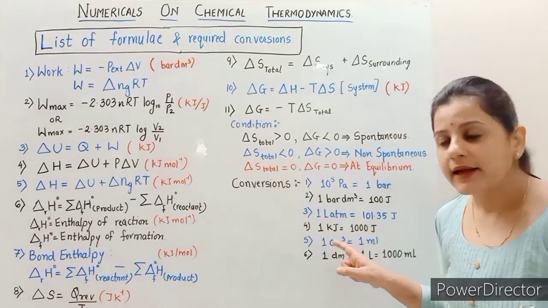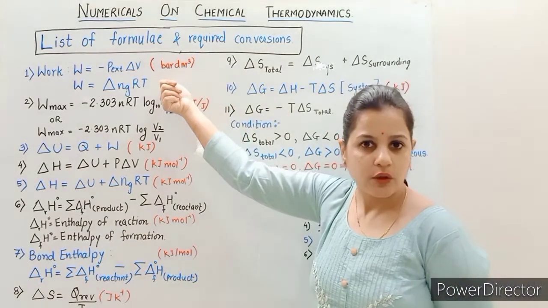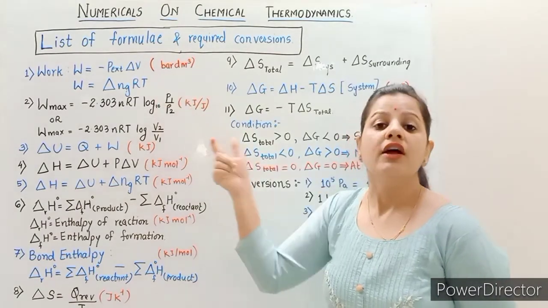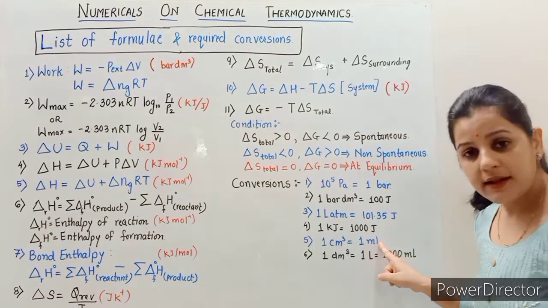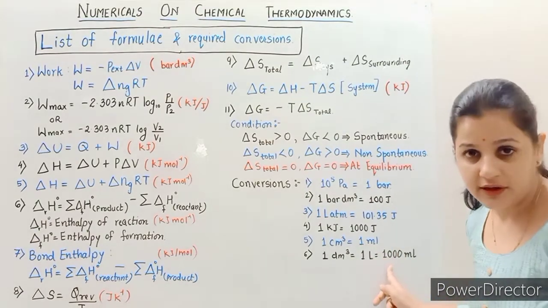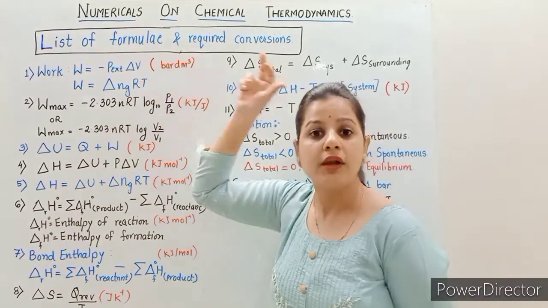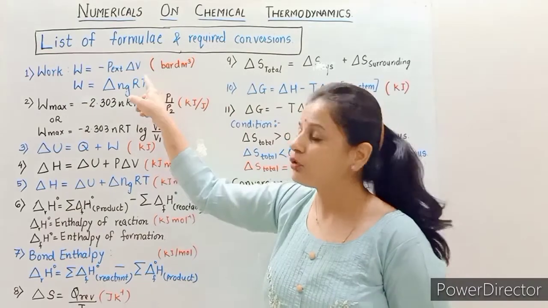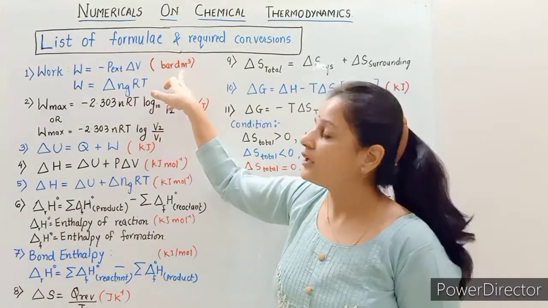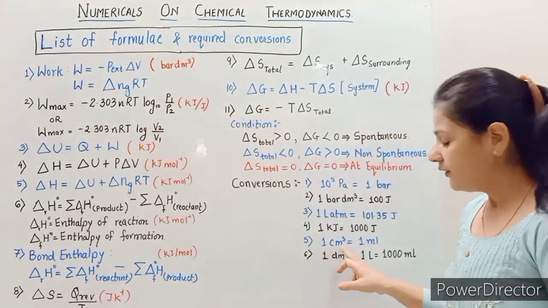Even if the volume is given in centimeter cube, you use the same formula and your answer becomes wrong. Okay, so centimeter cube means ml and decimeter cube means liter, and we are using the formula in liters. This means every time you have to make sure the volume is given in decimeter cube and not in centimeter cube.